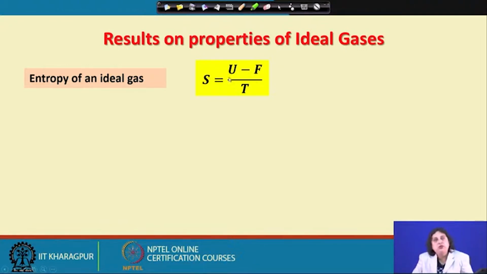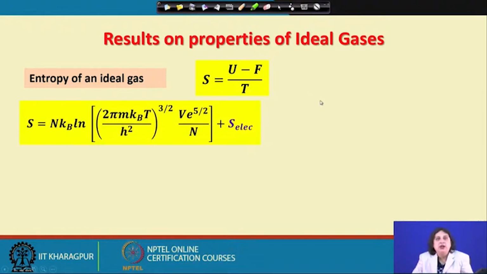So, S is equal to u minus f divided by T. A few lectures back I asked you to work this out, and this would be the expression for entropy as calculated starting from the current model of the canonical partition function for this monatomic ideal gas.